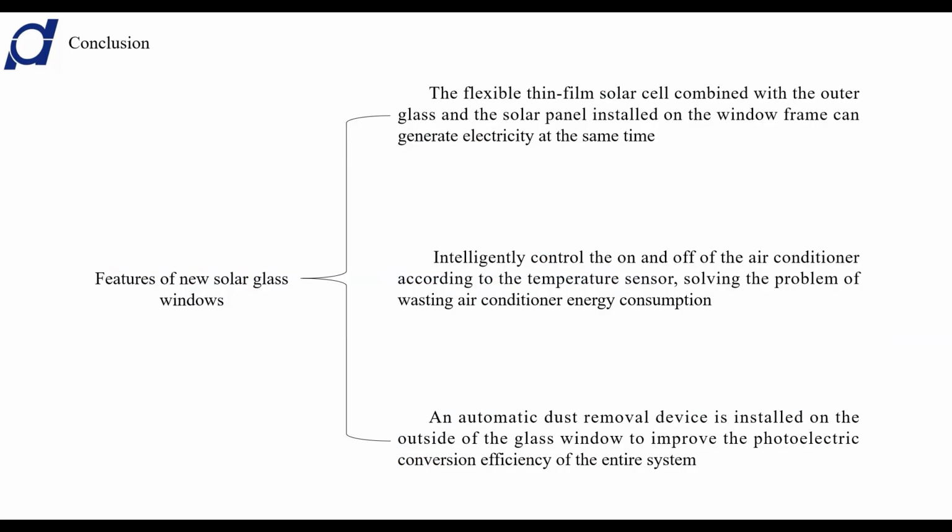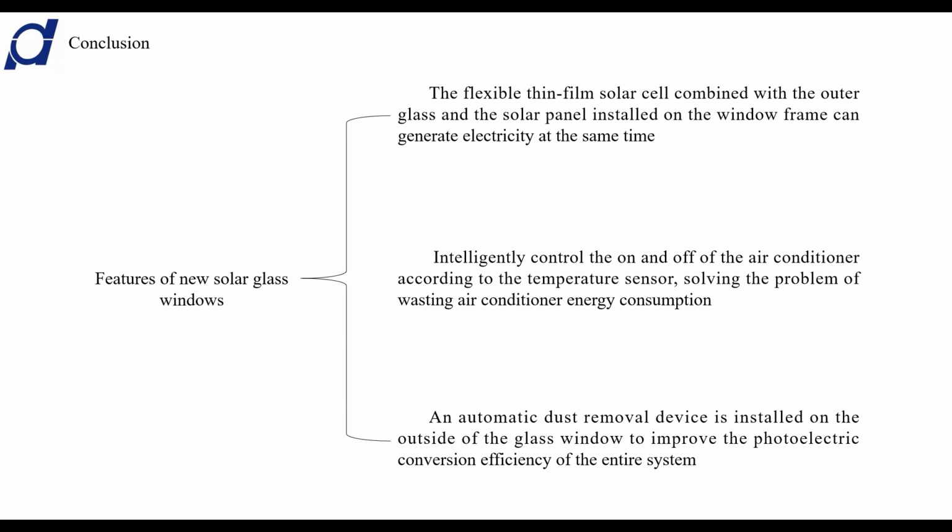The novelties of the new solar glass window can be summarized as the following 3 points. The flexible thin film solar cell combined with the outer glass and the solar panel installed on the window frame can generate electricity at the same time.